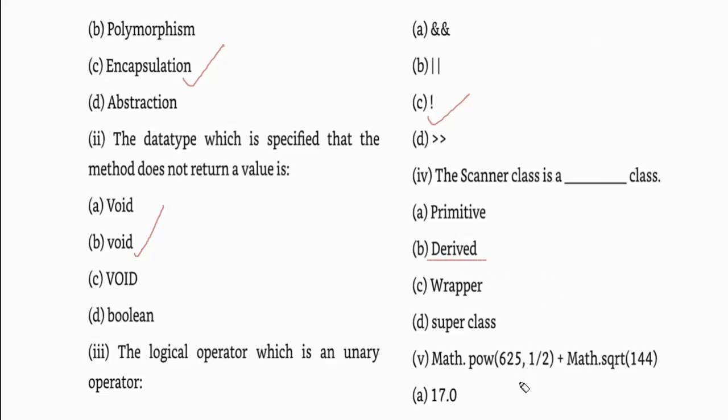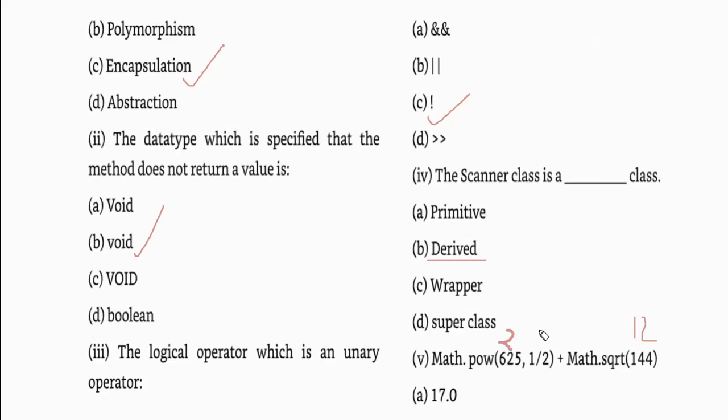Now Math.pow(625, 1/2) plus Math.sqrt(144), what it does, it gives 144 square root, of course you know, is 12, and 625 raised to the power 1 by 2 actually means the square root, right? So it means the square root. So the value of the square root of 625 is 25.